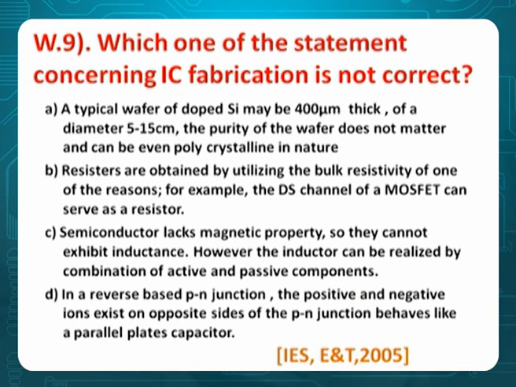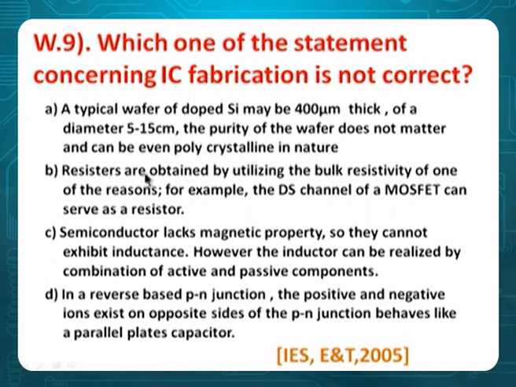Problem 9. Which one of the following statements concerning IC fabrication is not correct? First, a typical wafer of silicon is 400 micrometer thick, with a diameter of 5 to 15, and the purity of the wafer does not matter and can be even polycrystalline in nature.